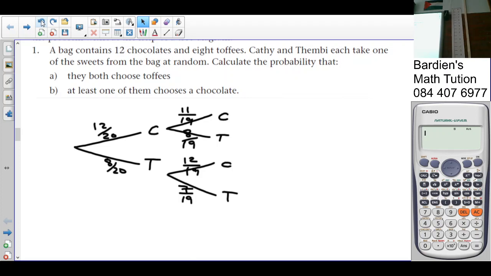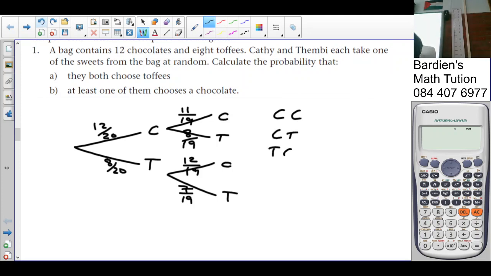So what are my outcomes? It can be chocolate-chocolate, chocolate-toffee, toffee-chocolate, toffee-toffee. Not so? So let's look at A. They both chose toffees, so it's this one here.